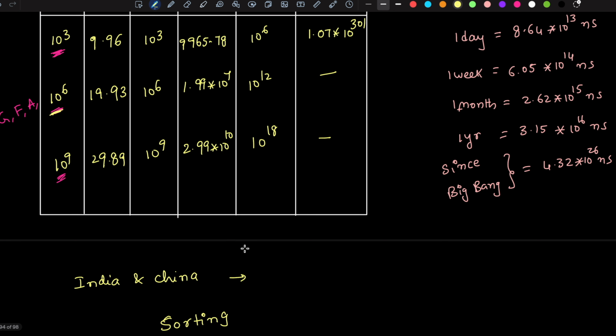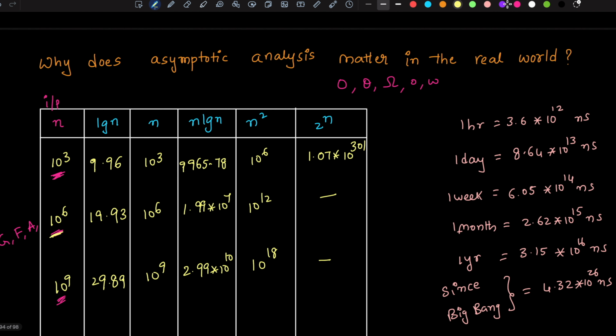Assume that we have 5 different algorithms for the given problem: algorithm 1, algorithm 2, algorithm 3, algorithm 4, and algorithm 5. Algorithm 1 has time complexity of order log n, algorithm 2 has order n, algorithm 3 has n log n, algorithm 4 has n square, and algorithm 5 has 2 power n.